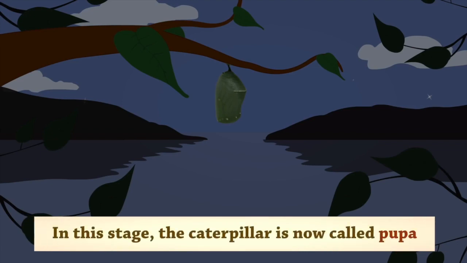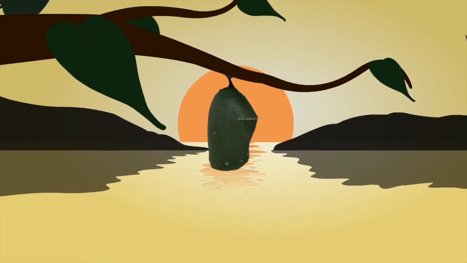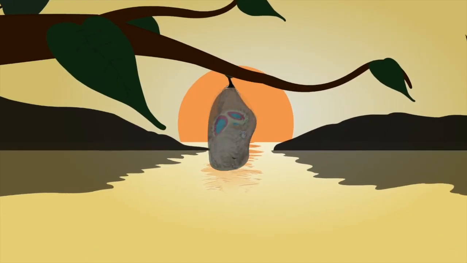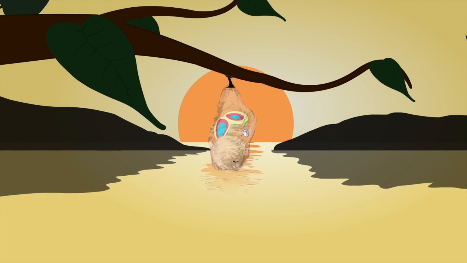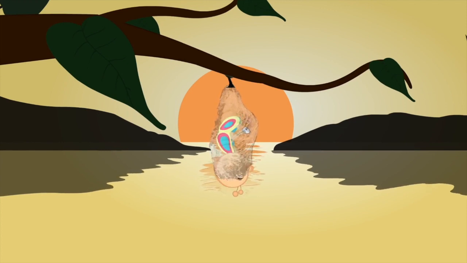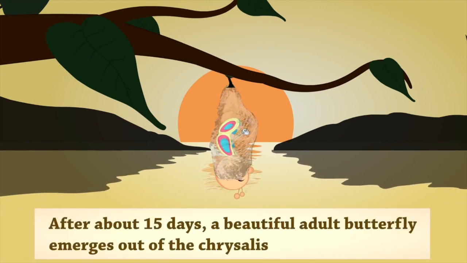In this stage, the caterpillar is now called pupa. Another word for pupa that we use a lot in our classroom is cocoon. After about 15 days, a beautiful adult butterfly emerges out of the chrysalis.